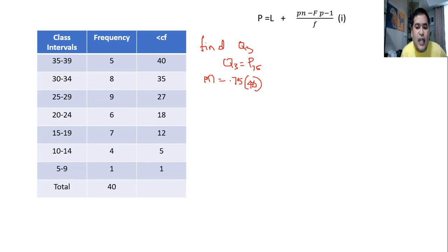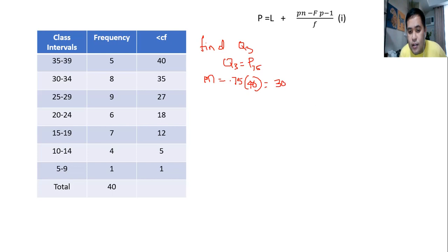Where did the 40 come from? Of course, the total frequency. That is your N. 0.75 times 40 is equivalent to what? Your Pn is 0.75 times 40, or 3/4 times 40. So that is equal to 30.